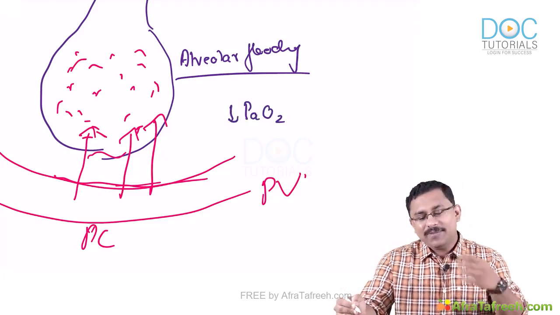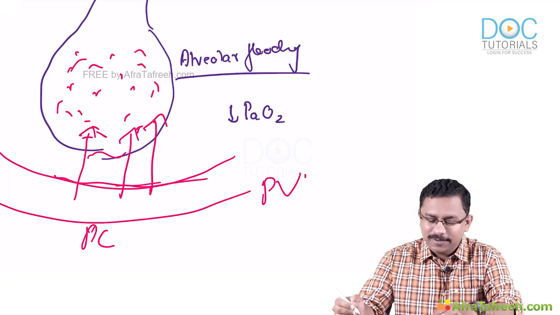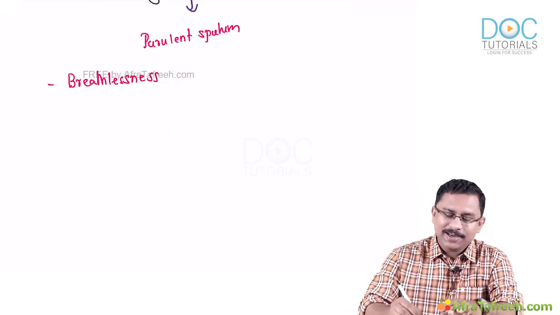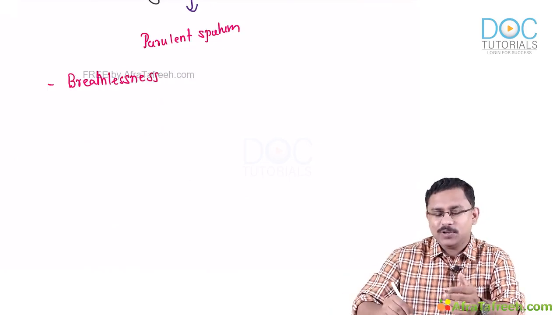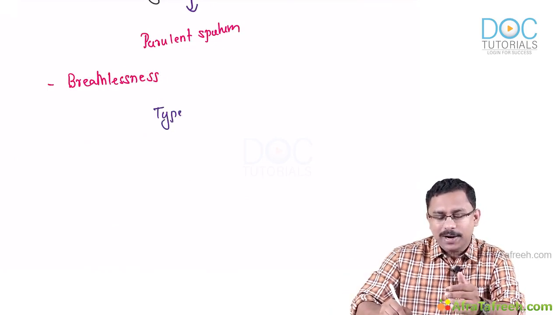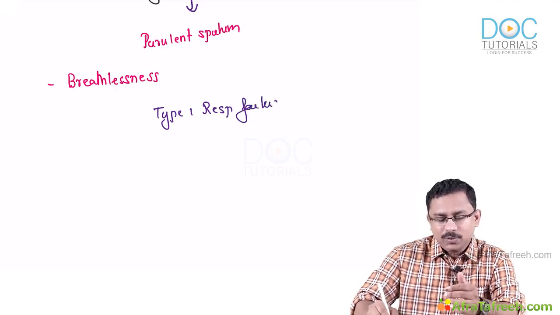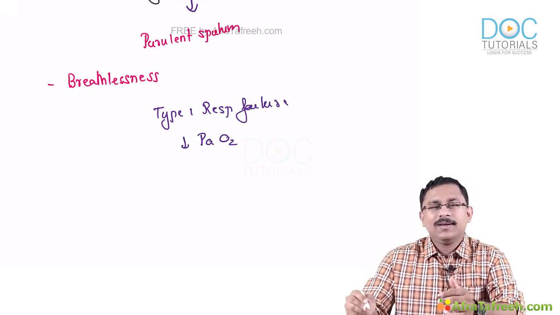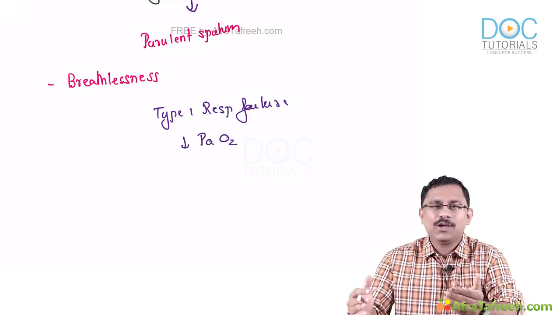And we have already learned in the respiratory failure module, I have already discussed that if the disease progresses, you might get a type 1 respiratory failure, in which your PaO2 will decrease. But what about your PaCO2?